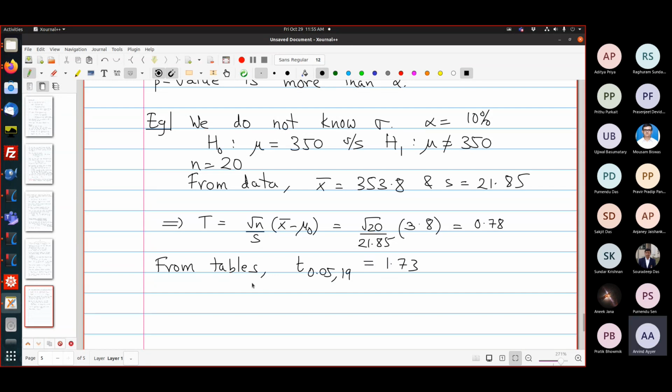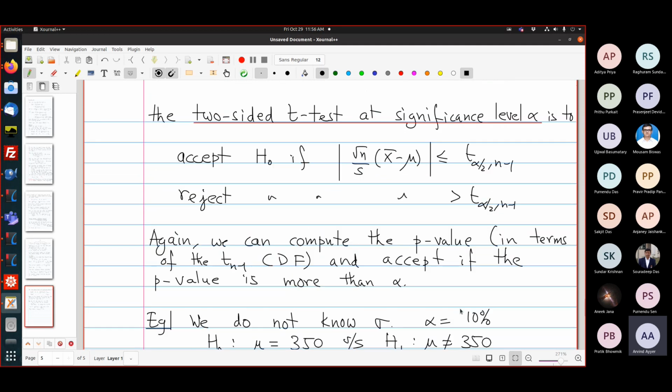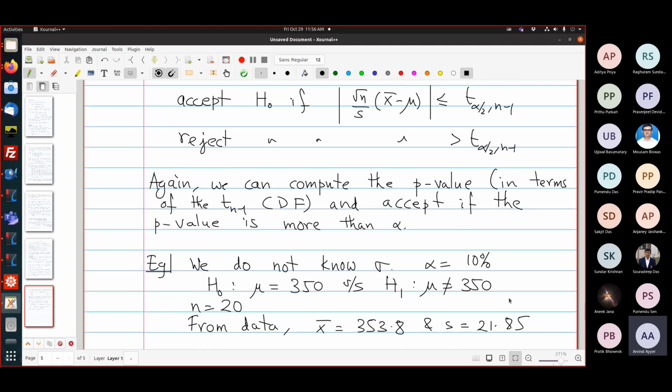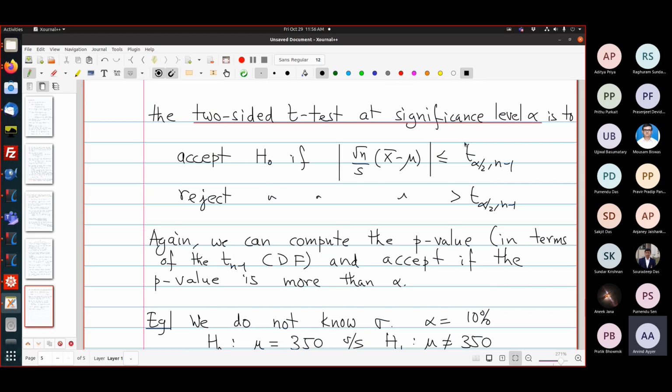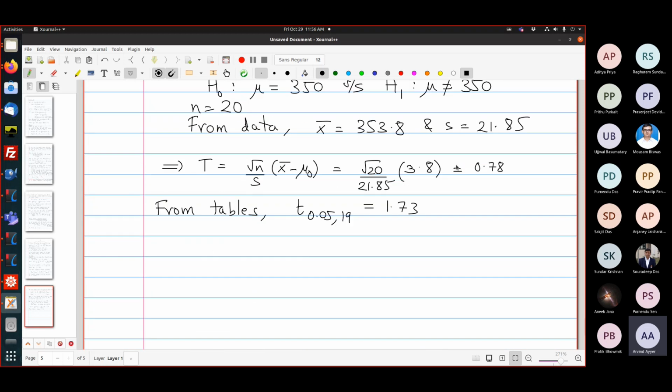Tables are from whatever computer. So let's compare 0.78 and 1.73. This value is less than this value, so we should accept.